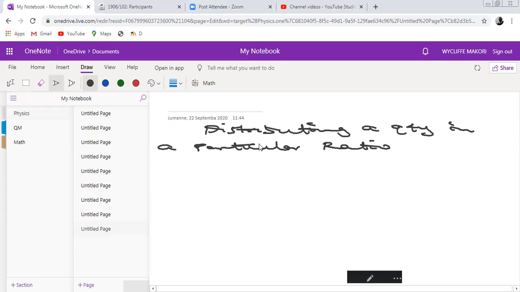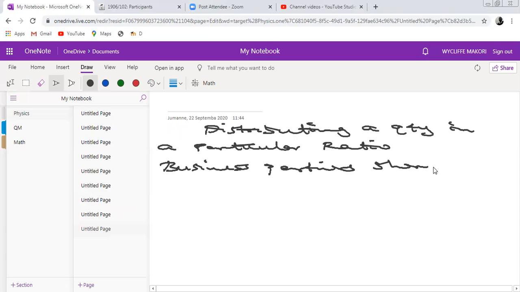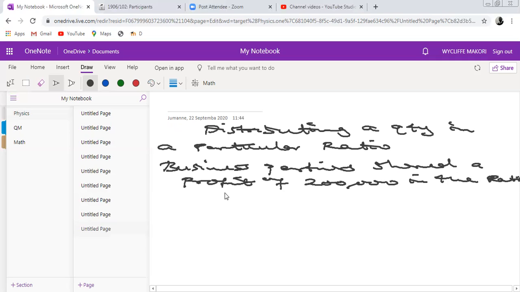you can be given something like this: business partners shared a profit of 200,000 in the ratio, let's say it is 3 is to 2 is to 5 among A, B, and C. We have 3 partners, A, B, and C, who are sharing this particular profit in this particular ratio.